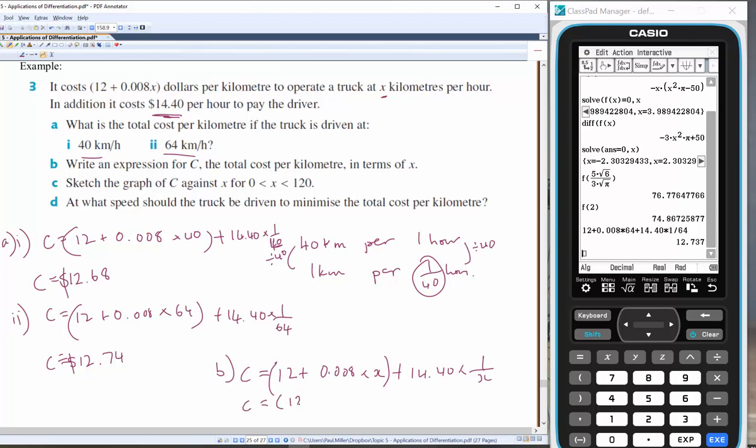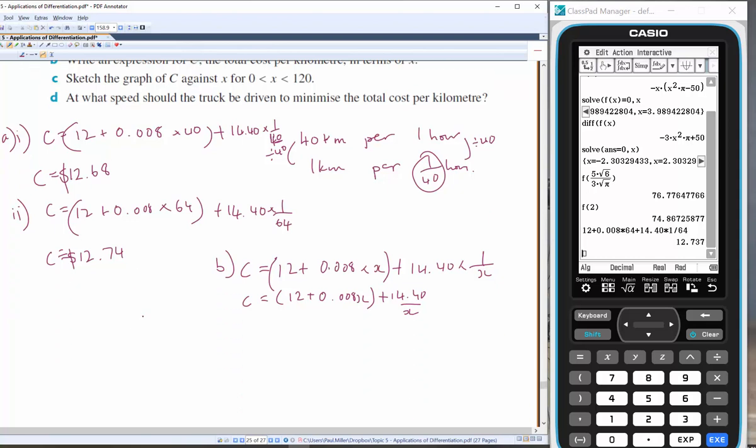Let's clean it up: 12 plus 0.008x plus 14.40 over x. Now, sketch the graph of C against x for 0 to 120.